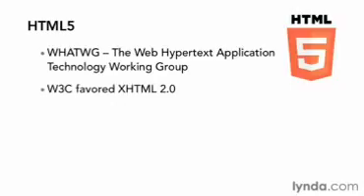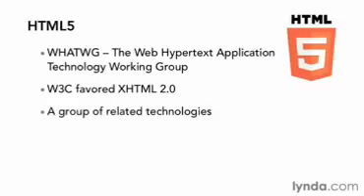Meanwhile, the W3C was working on XHTML 2.0, intended to drive web development into a more standards-compliant world. The web development community did not respond well to this effort, and the W3C dropped XHTML 2 in 2009 and began working with the WHATWG on HTML5 instead.